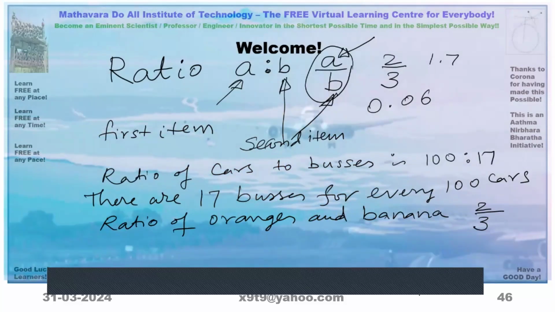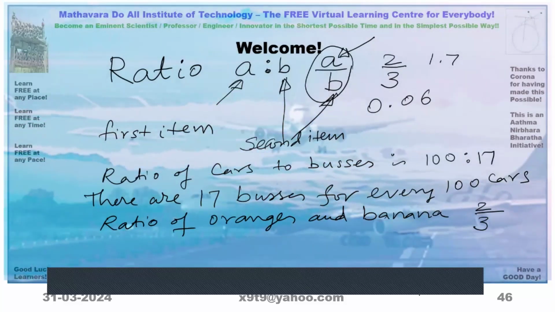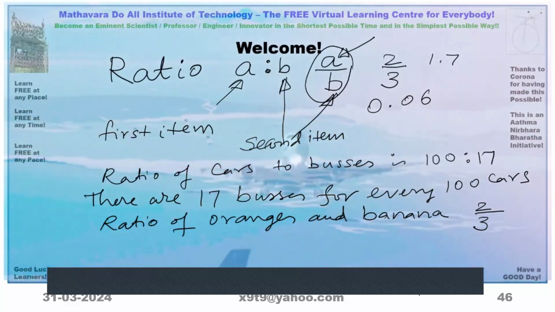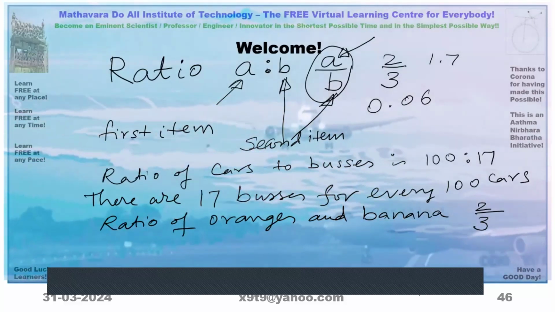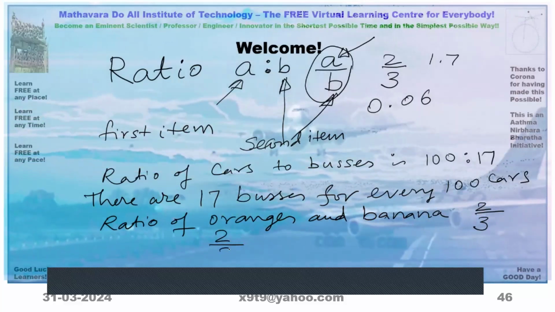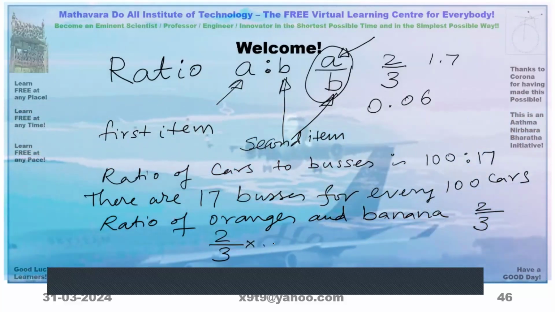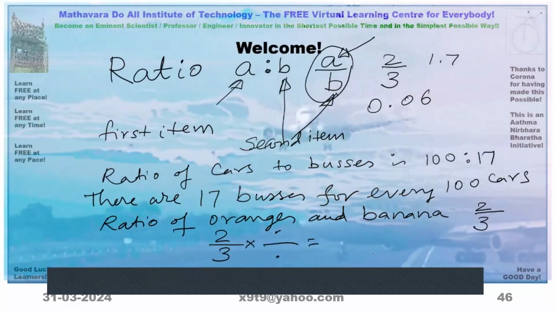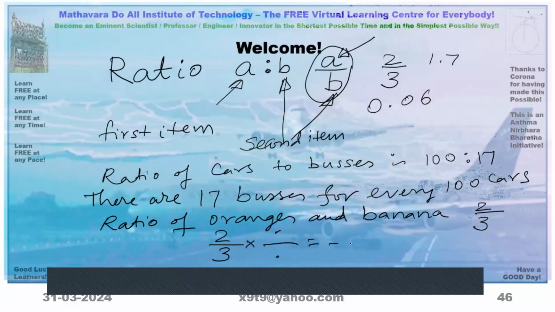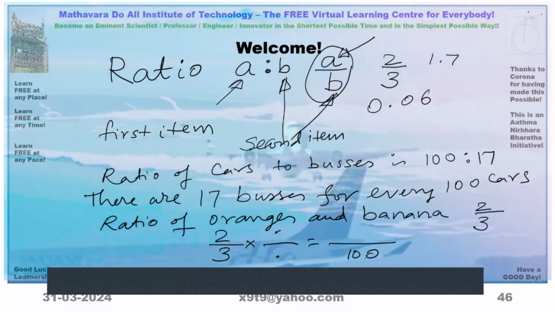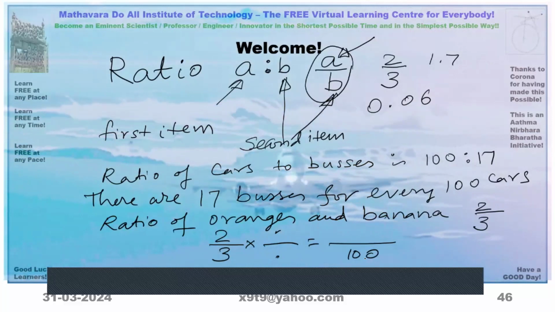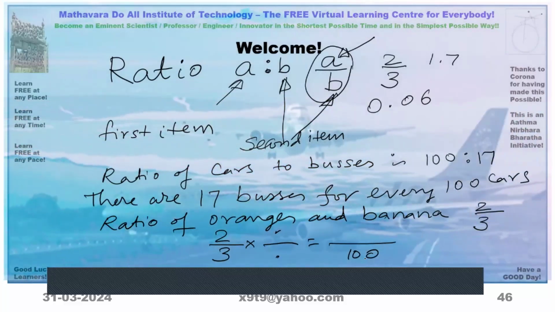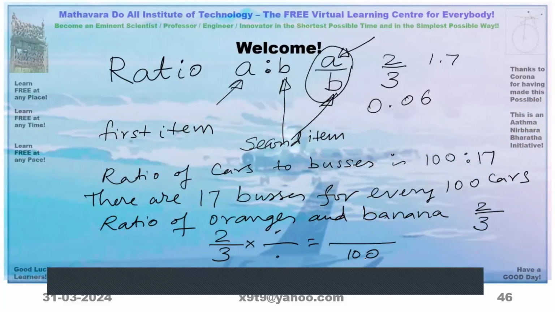Then if you want to give it in percentage, how will you do? 2/3, you might multiply by something so that the denominator becomes 100. This is where I said some numbers cannot be represented exactly when we write the ratio in decimal form.